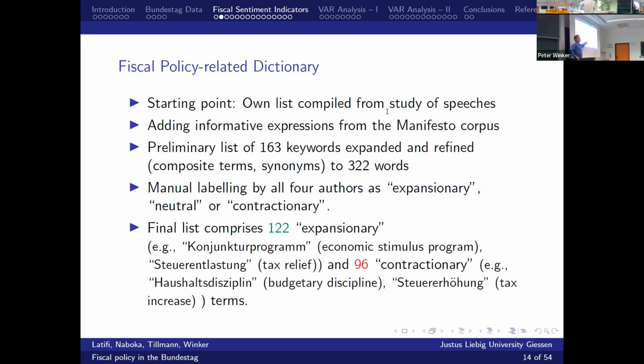Also Steuerentlastung: you would not say we shouldn't do Steuerentlastung, you would say we should increase taxes, or the rich should also contribute. But you wouldn't say I don't want Steuerentlastung. It is up to us or somebody else to check what happens if we take that into account. And then the contractionary terms could be tax increase or budgetary discipline, and 90-something other terms.